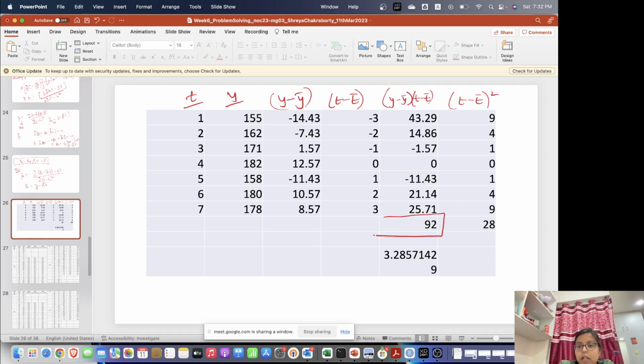So this quantity is summation y minus y bar into t minus t bar, and this quantity is summation t minus t bar whole square. So beta 1 hat is 92 divided by 28, which comes out to be 3.285. Is it clear?